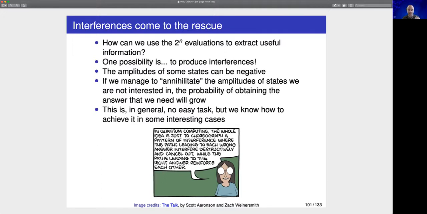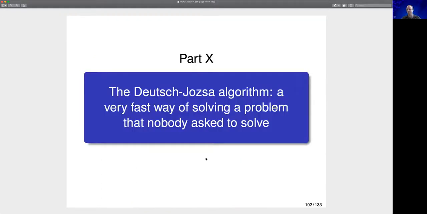And this is what gives rise to these famous quantum algorithms that we are going to study, okay? So very important, not only quantum parallelism, not only superposition, but interference is also the key ingredient of these quantum algorithms. And we are going to see that in practice now, okay? Any question up to this point?